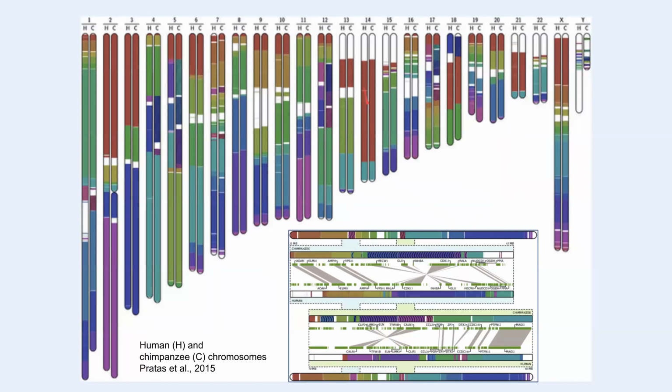So the similarity of the painting on the chromosomes is a similarity in gene content. And I don't know that a human-chimp hybrid would be viable, but a lot better chance than a human-mouse hybrid, I guess. So again, this tracks back to the common ancestor of humans and chimps. And in the time since then, there have been some chromosomal rearrangements.